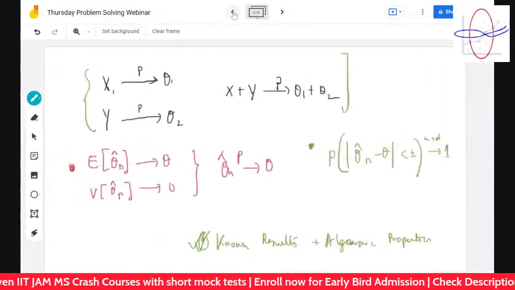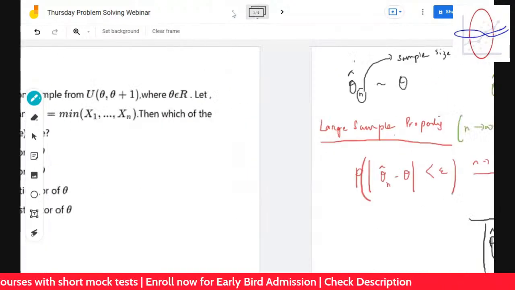So we have got those two extreme points also.